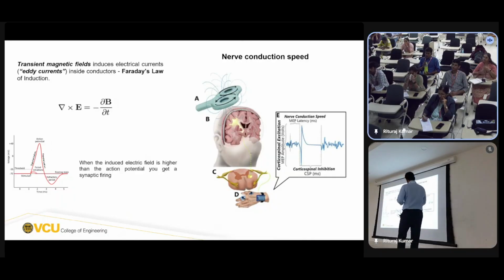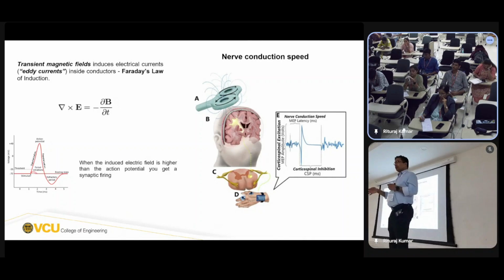You send that large current in this coil, it generates a large magnetic field. That magnetic field is an AC magnetic field, meaning a time-varying magnetic field. So what happens if you have a time-varying magnetic field? By Faraday's law of induction, if you take a time-varying magnetic field and put it on any conducting material, the conducting material will have some current.